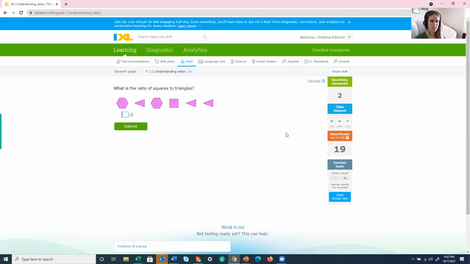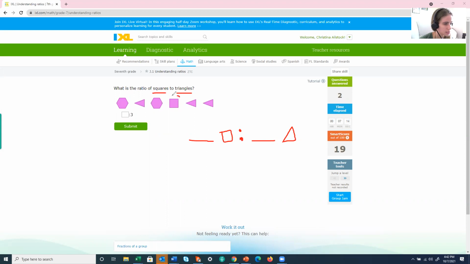Awesome. Ooh, good. We're stepping it up a notch. We got a lot more shapes here. And this time we're back to using it as a colon. We want to know the ratio of squares to triangles. So when we set this up, it'll be the total number of squares compared to the total number of triangles.